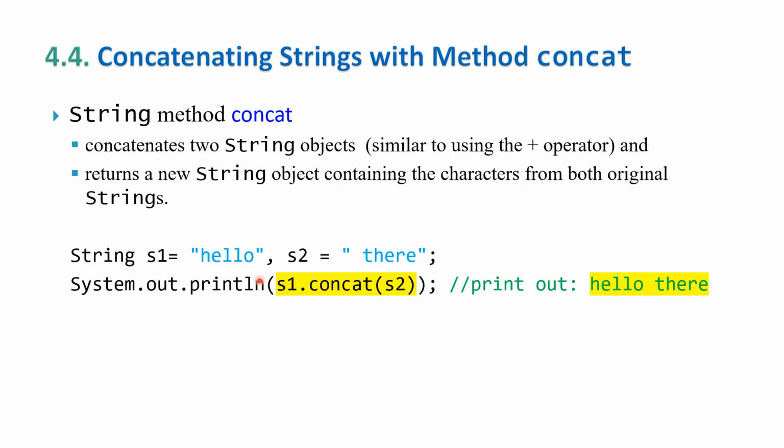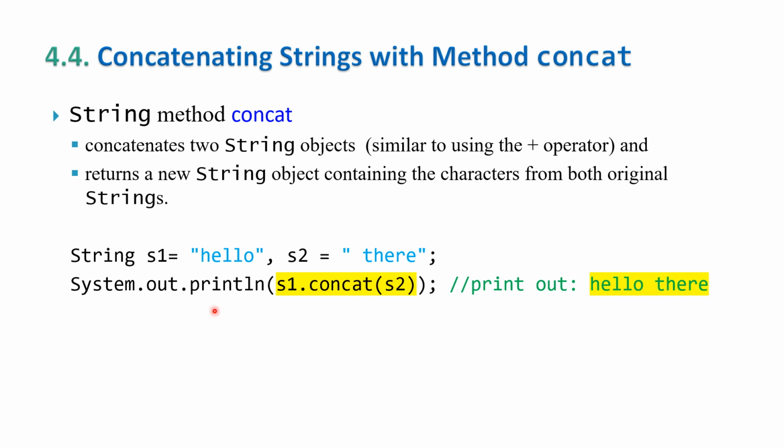For example, suppose string s1 has the content "hello" and string s2 has the content "there" as in this declaration. Then the method call s1.concat(s2) returns a new string object that has the content "hello there".